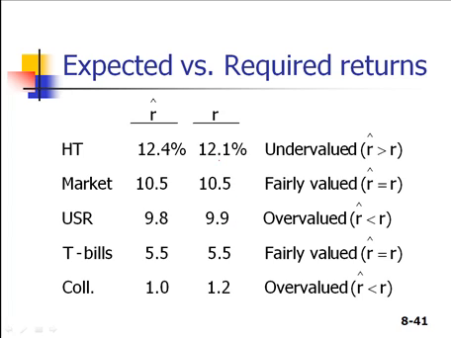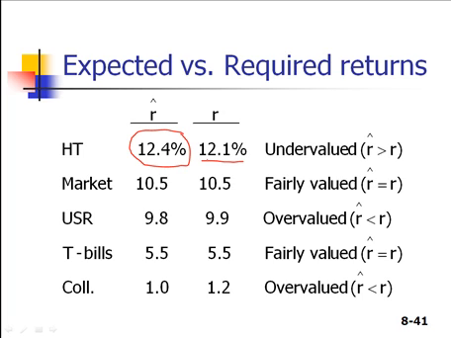The expected return, let's do the high-tech stock, is 12.4%, meaning that if you look at the actual probabilities of all the outcomes and the payoffs for each outcome, then on average this stock would pay you back a 12.4% return over time. Whereas if you take a look at the required return, it's 12.1%.